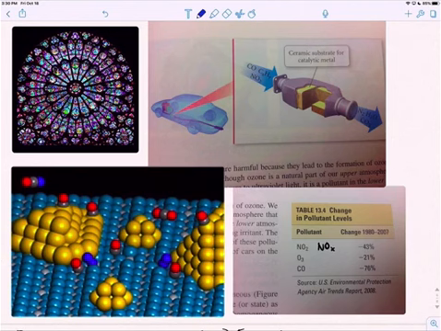If you see this picture here, you have the platinum or palladium, usually, it depends on which catalytic converter you have, and then the chemistry happens on these surfaces, and you have the catalytic converter reacting.